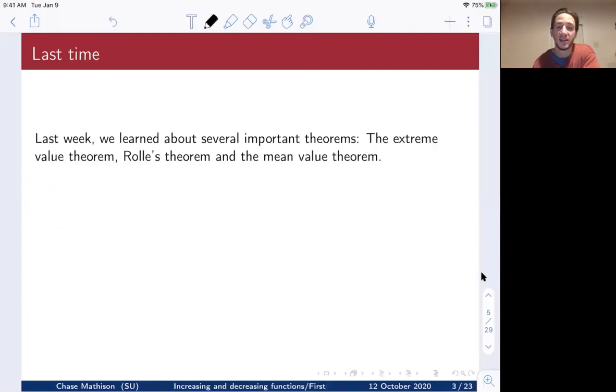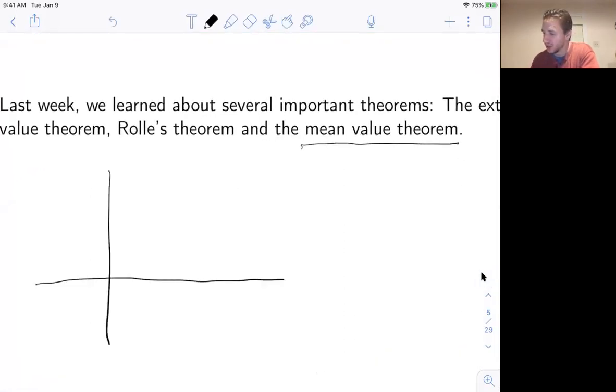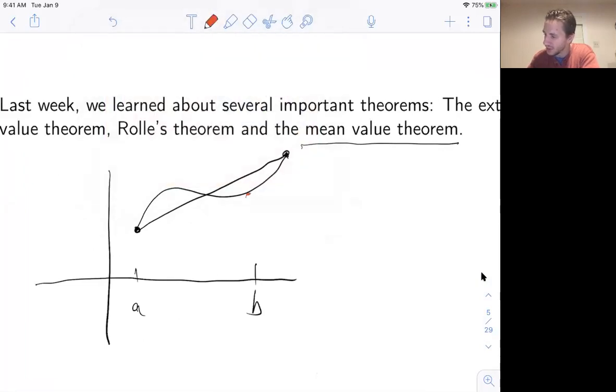Rolle's theorem is actually a special case of the mean value theorem, and the mean value theorem simply says if you have a function that's continuous on some closed interval a to b and differentiable on the open interval, then you can find a tangent line that is parallel to the secant line, right?